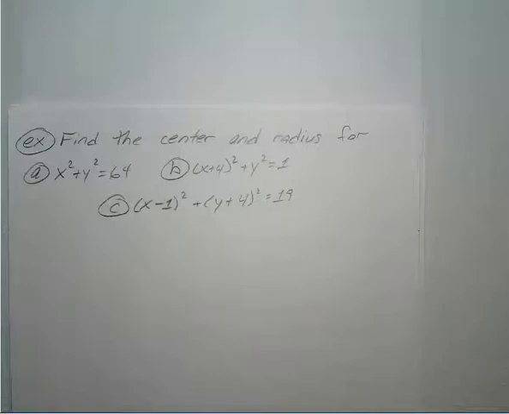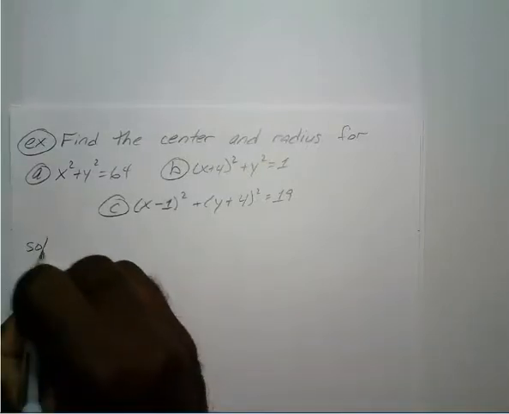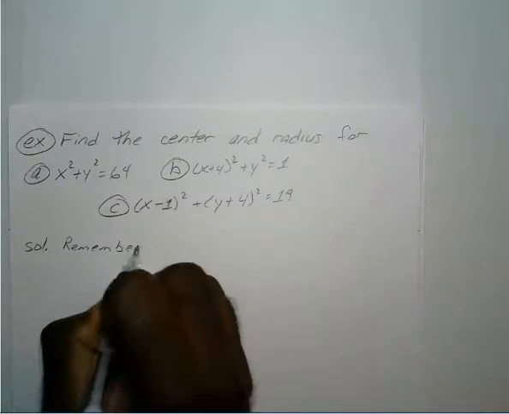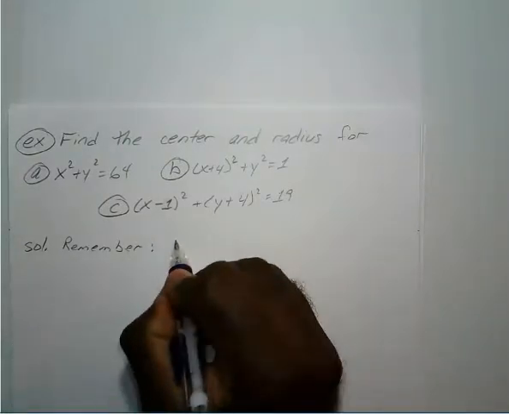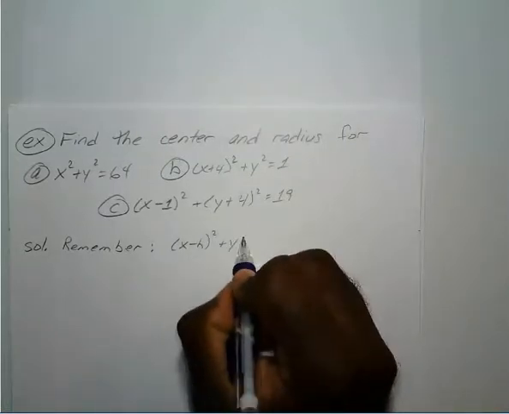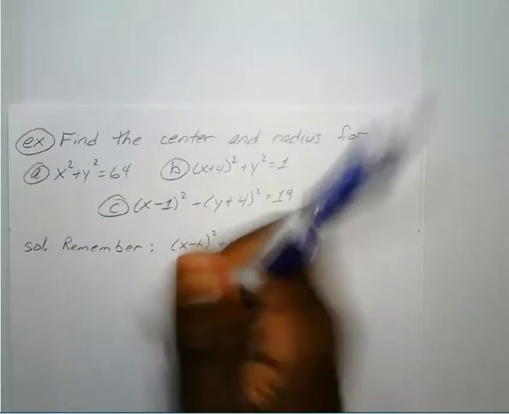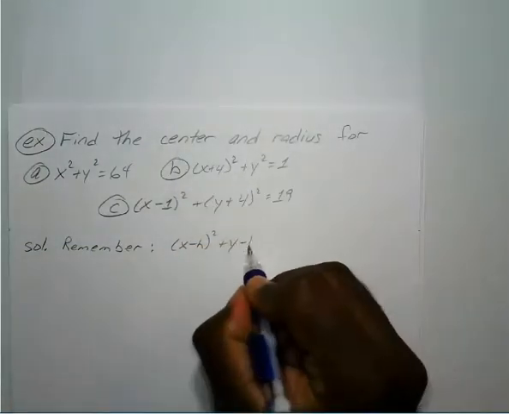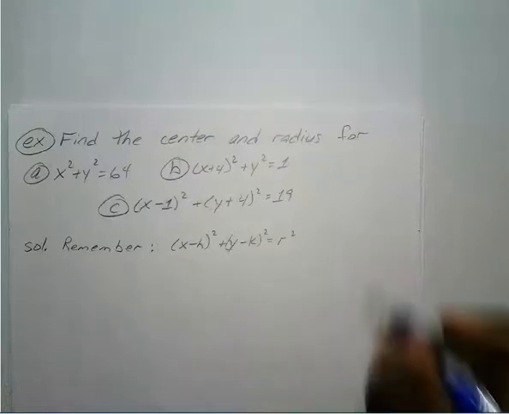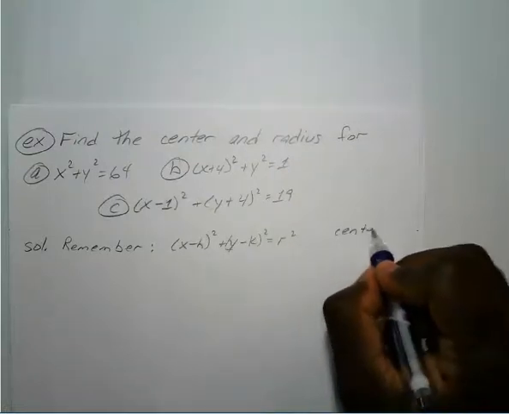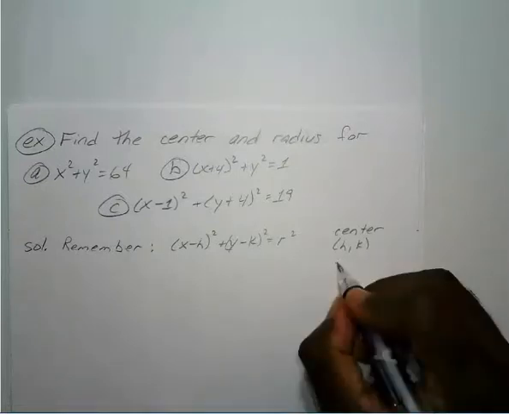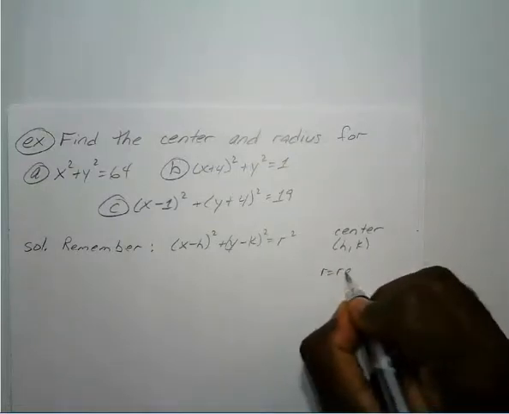While you're writing those down, remember that if it's in the form (x minus h) squared plus (y minus k) squared equals r squared, your center is (h, k) and r is equal to your radius.